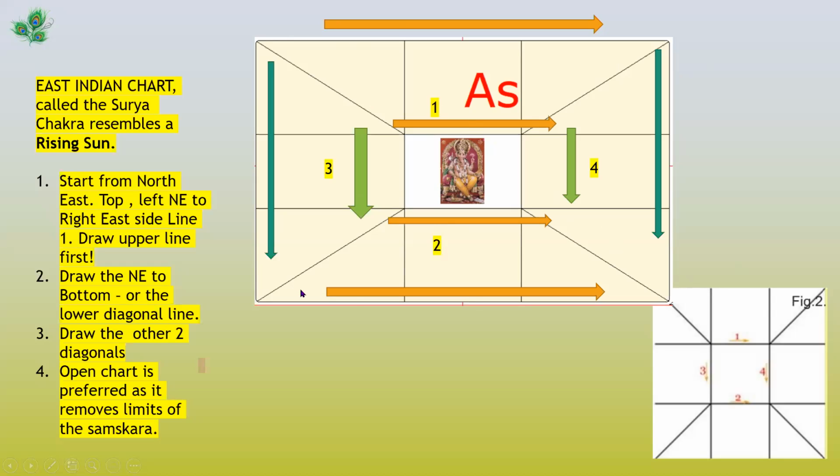So 1 and 2, draw the bottom line, then this line, the fourth line, if you want an enclosed structure. If you don't want an enclosed structure, because it's limiting, the open chart is preferred, as it removes the limits of the samsara. Samsara is nothing but our own inner limitations, all the Maya.